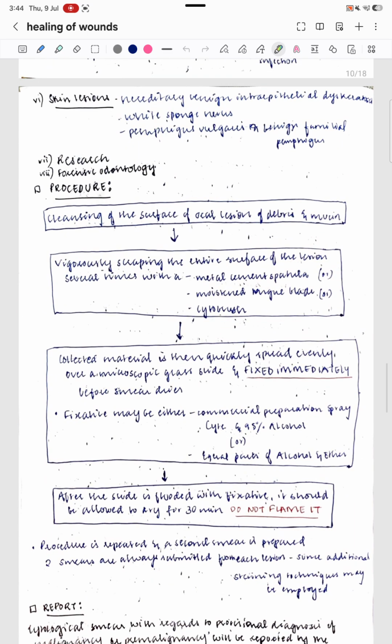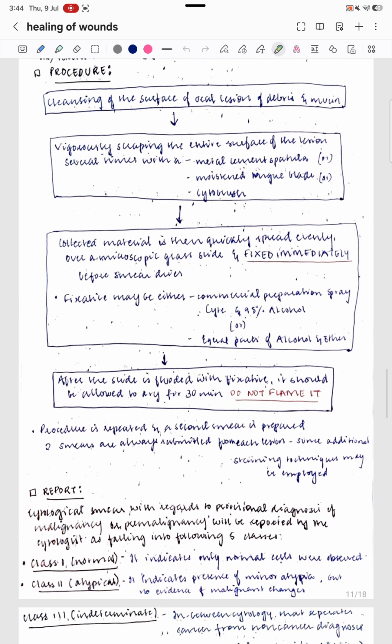Now how is it done? As I told you, you first clean the surface of the lesion, then you vigorously scrape the entire surface several times with a metal spatula or a tongue blade. Then you collect the material quickly, spread it over a glass microscope slide and fix it immediately before drying.